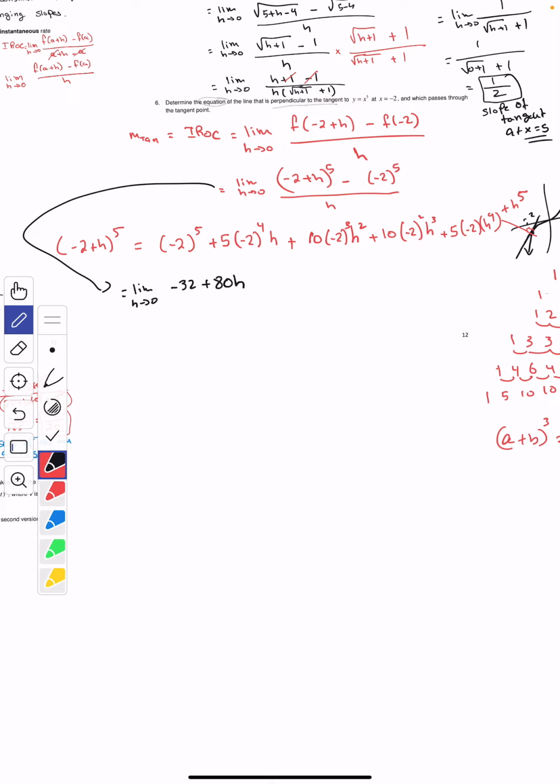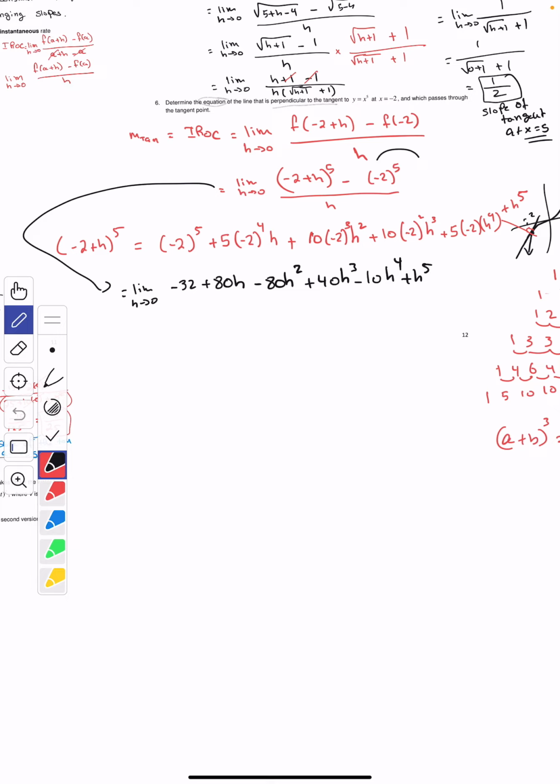Negative 2 to the power of 3, that is going to be negative 8, times 10, that's negative 80h squared. And then negative 2 to the power of 2, that's going to be 4, so that's going to be plus 40h cubed. Then for the next term, it's going to be negative 10h to the power of 4 plus h to the power of 5.